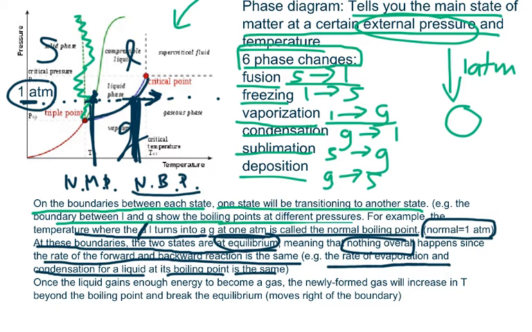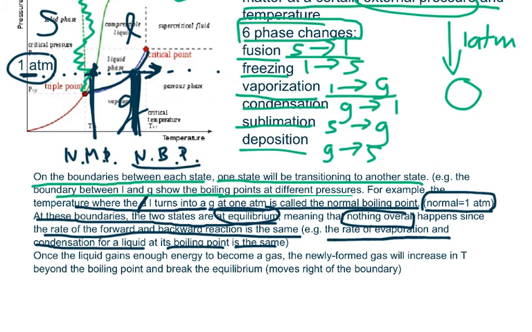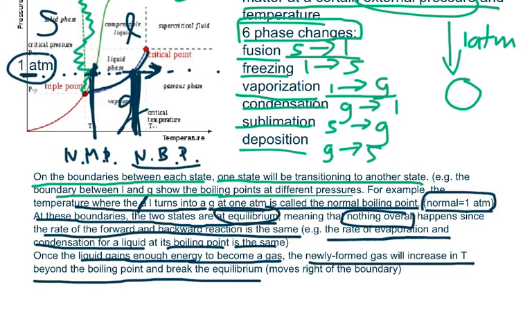And during the phase change, all that happens is that the liquid will gain heat, for example. So in this example, we'll take a liquid, and during the boiling, the liquid will gain energy, and once it gains enough energy to become a gas, the newly formed gas will start to increase in temperature beyond the boiling point and break the equilibrium. So it will move to the right of the boundary.